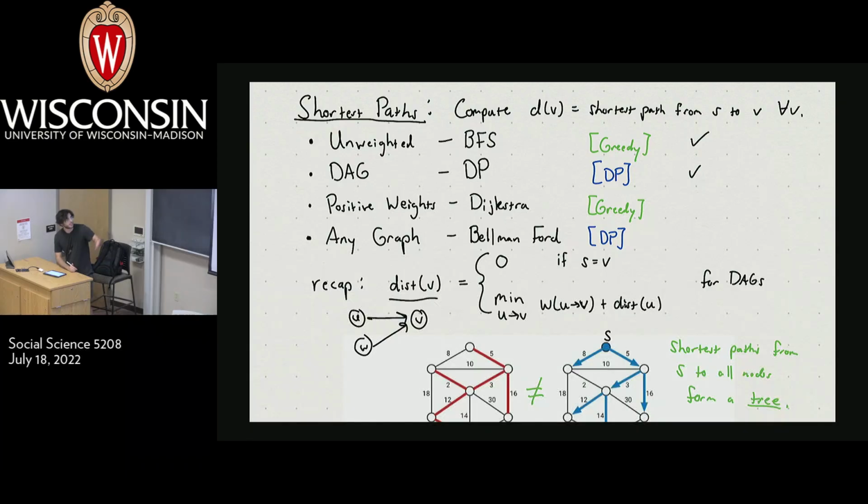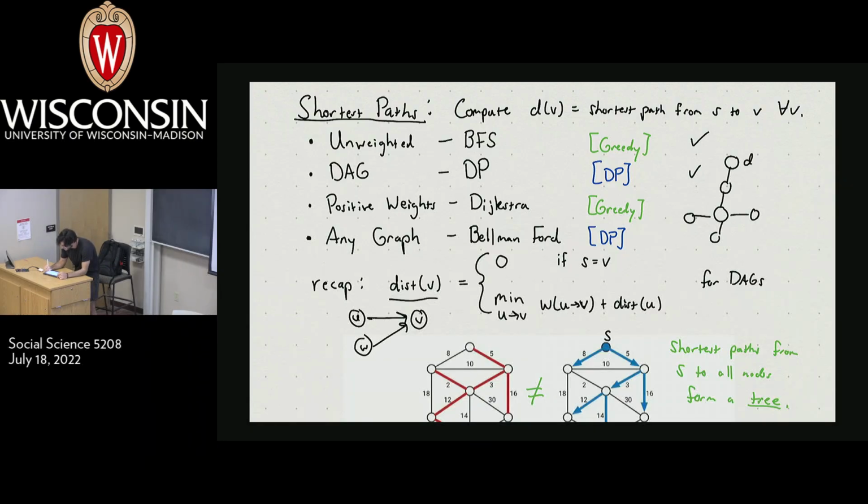Now, we've also discussed BFS before. And BFS is essentially doing shortest paths on unweighted graphs. We've proved that before. And actually, BFS is really a greedy algorithm, if you think about it. In BFS, you always move one step away. And every time you move one step away, you immediately update the distance.